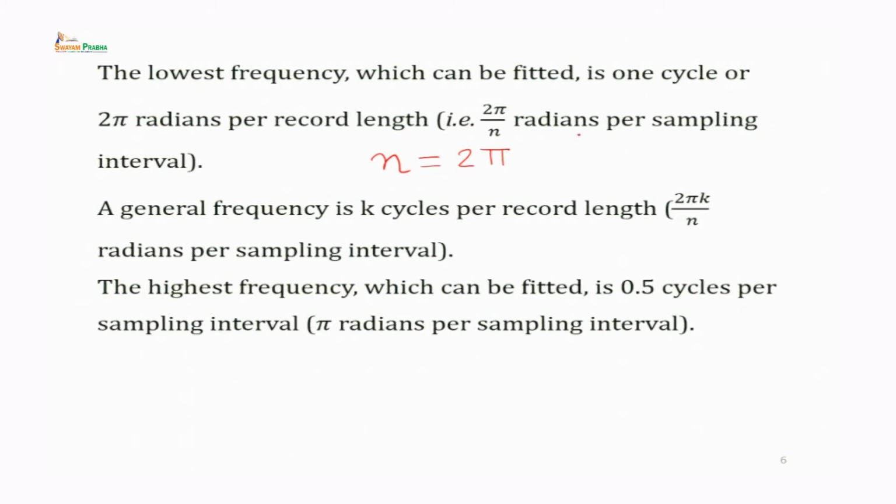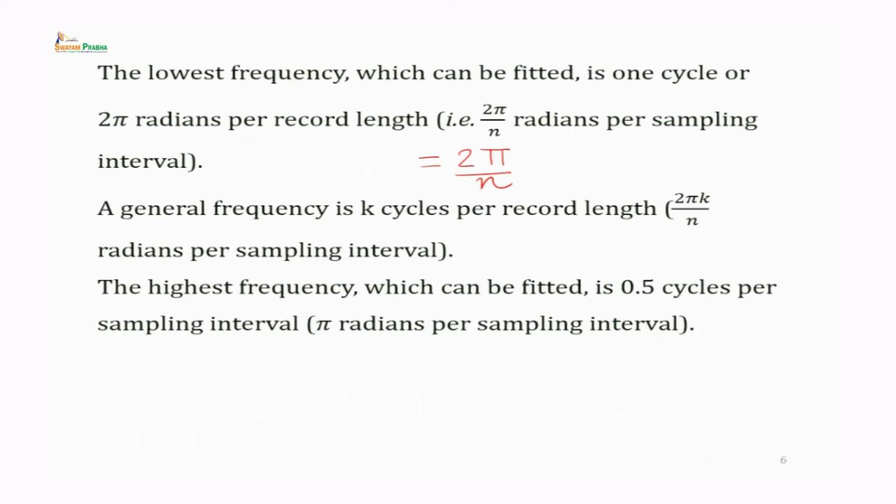Then the general frequency is denoted by k cycles per record length, meaning 2 pi k by n radians per sampling interval.